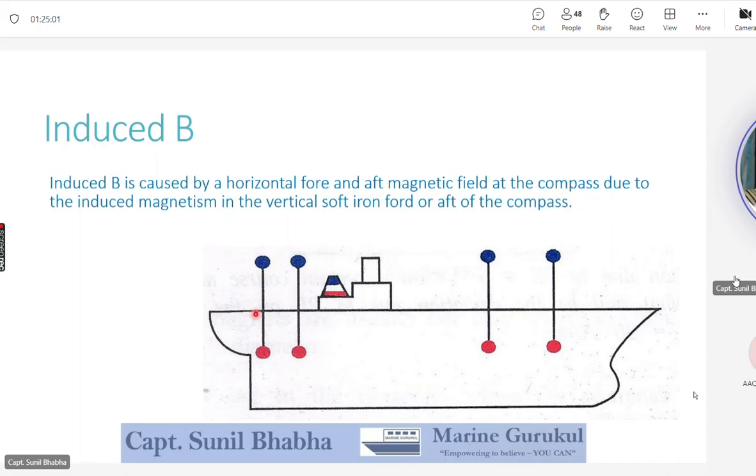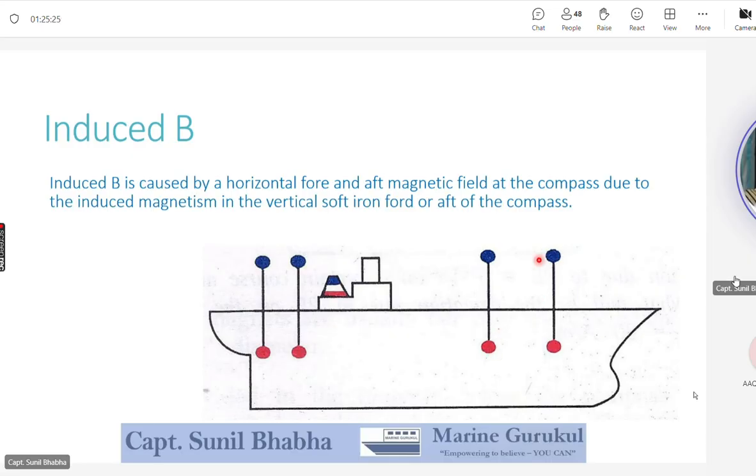If this particular ship is in the northern hemisphere, the lines of force go vertically downwards, so they will be entering from the top end of the VSI and leaving from the bottom end of the VSI. So the top end where they are entering gets a blue polarity, and the bottom end where they are leaving gets a red polarity.